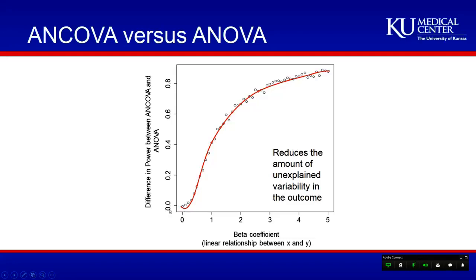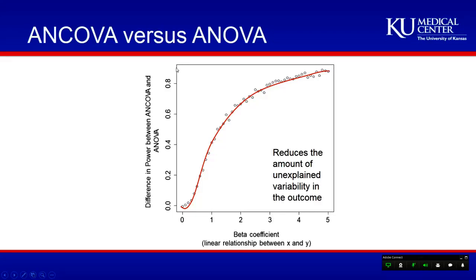So again, just to reflect what the y-axis is representing here, it's the difference or the gain in power if we were to apply analysis of covariance over analysis of variance. So a slope equal to 0 tells me that there's no linear relationship. There would be no gain, no benefit from doing that more complicated model. However, if I get a really large slope coefficient, that tells me that my nuisance variable is really highly associated with my outcome, and it's probably doing a good job of explaining some of that additional unexplained variability. Notice the gain in power here.